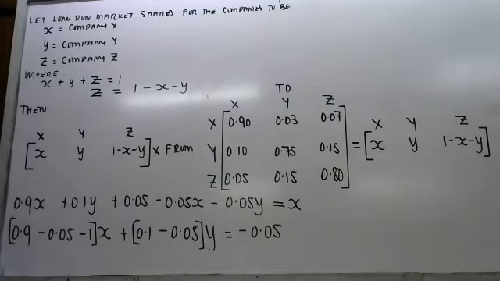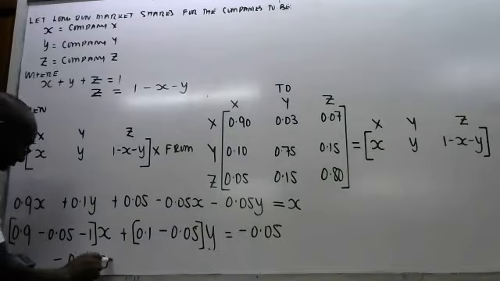So putting like terms together, 0.9 minus 0.05 minus 1, you get minus 0.15x.